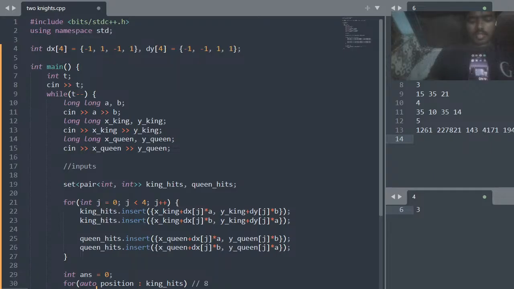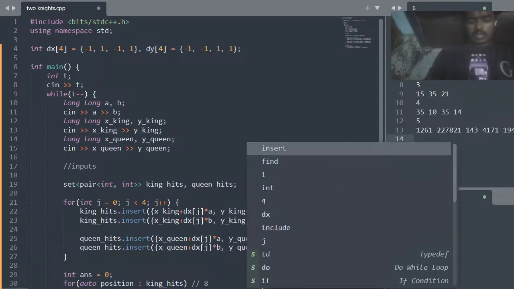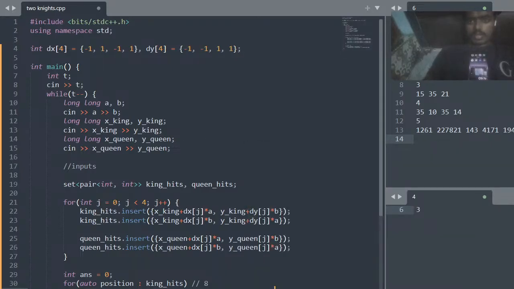If queen has its find position, right? For position, right? So as equal to queen its not and, right?